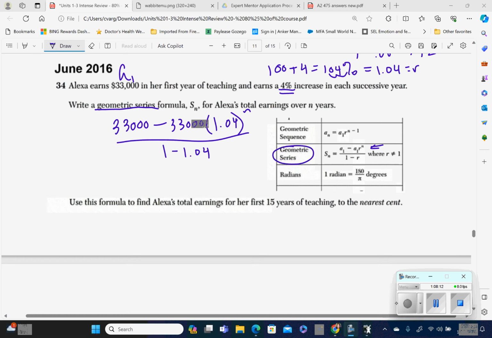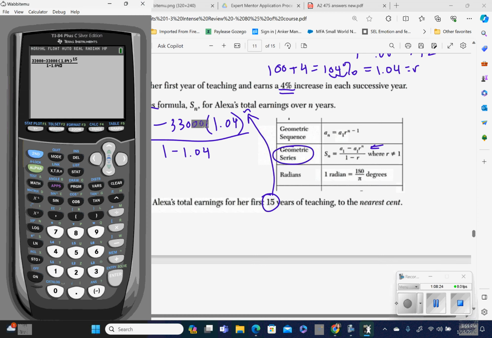So next part. That secured 2 points out of 4. Now they're even telling us this number is 15. You're going to plug in 15 here. So I literally take this and plug it into my calculator, right? Look what I put in for n, 15, and hit enter.